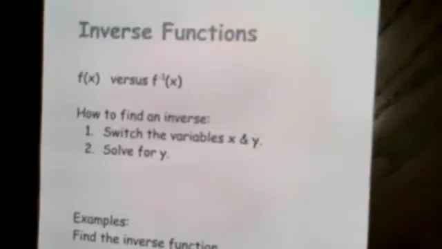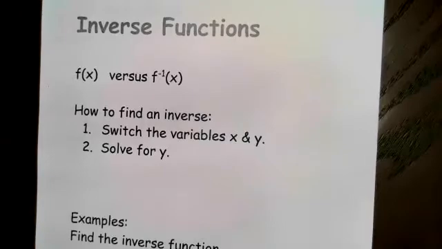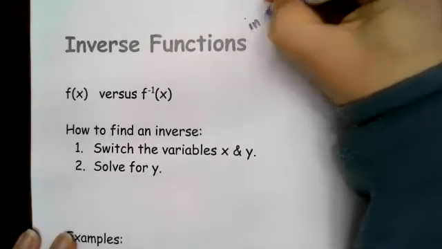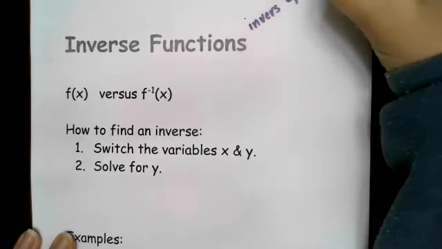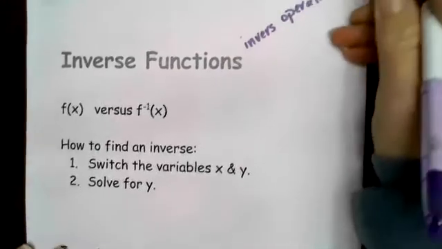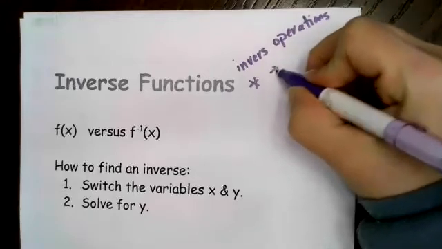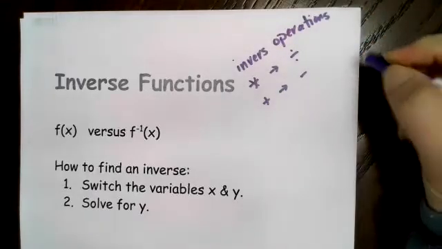Right, next are my inverse functions. Inverse functions do the opposite. So some inverse operations: if I am multiplying, the inverse operation is division. If I am adding, my inverse operation is subtracting.